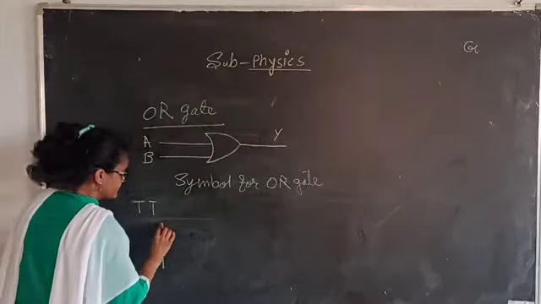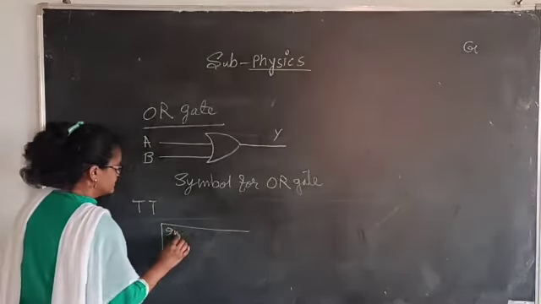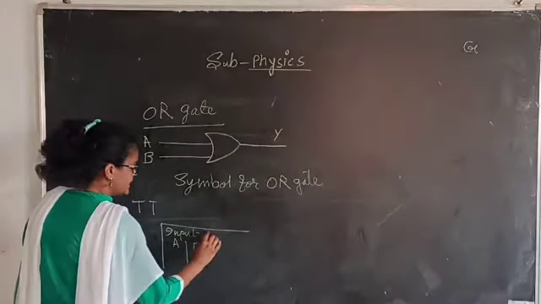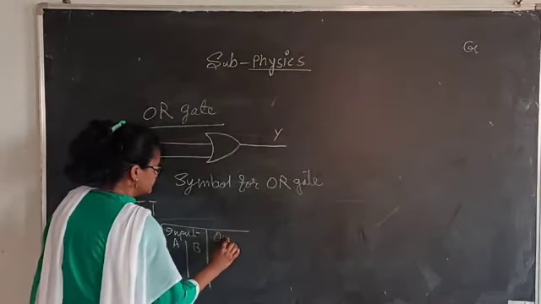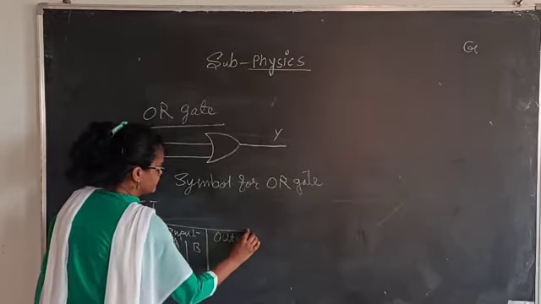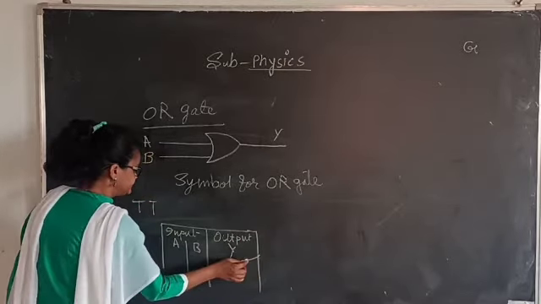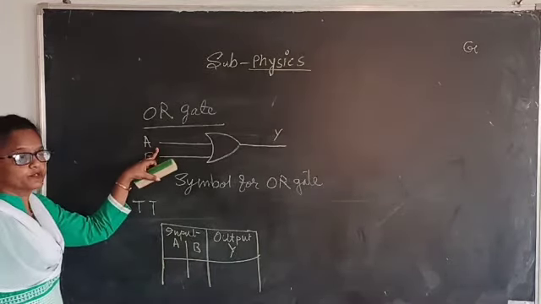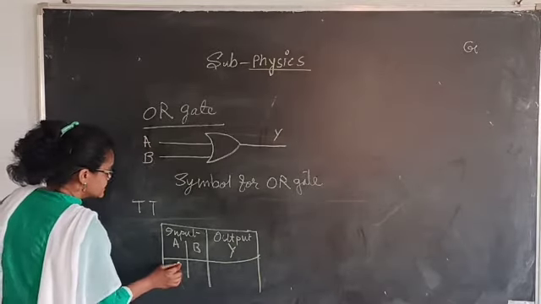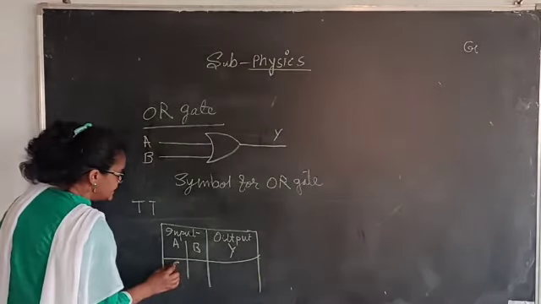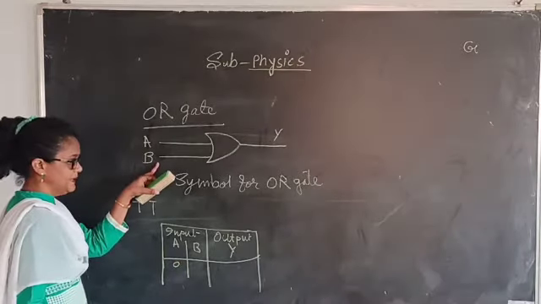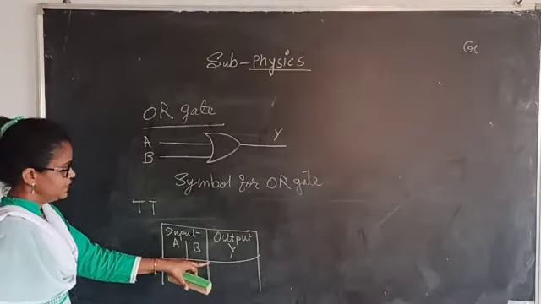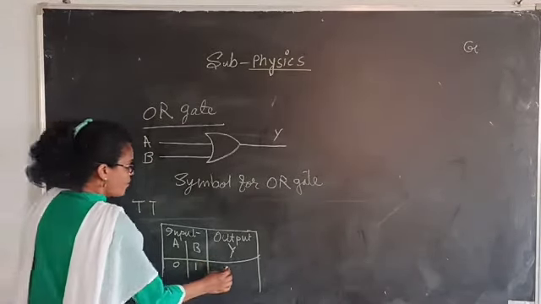For this we have inputs A and B and output Y. So in this case, suppose the first input A is 0 and the other input B is 1, then your output will be 1.